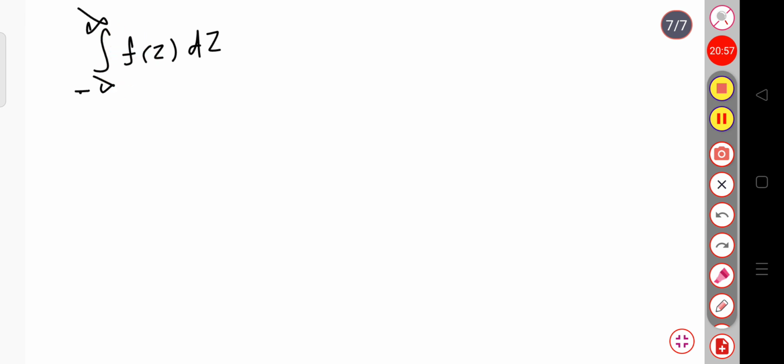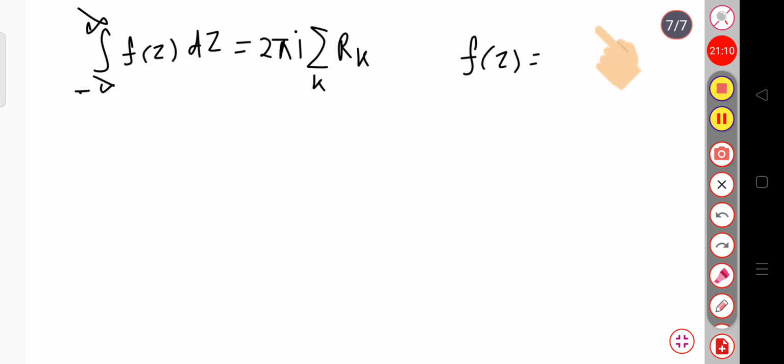This is equal to 2 pi i times the sum over the residues. So our main focus is f of z equal to 1 by 1 plus z square, which can be written as 1 divided by z plus i into z minus i.